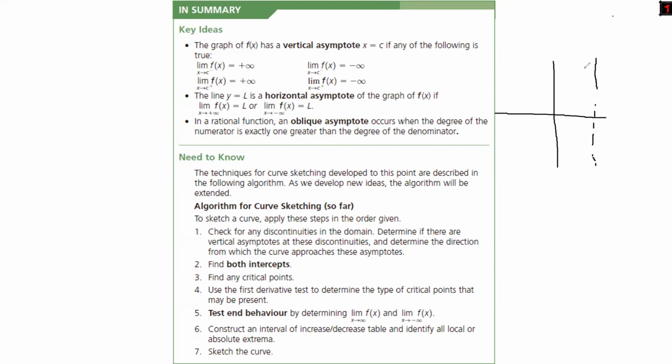For example, the graph could look like this, or like that, or like this, or again from the other side. These are basic patterns that you're going to define all the time.